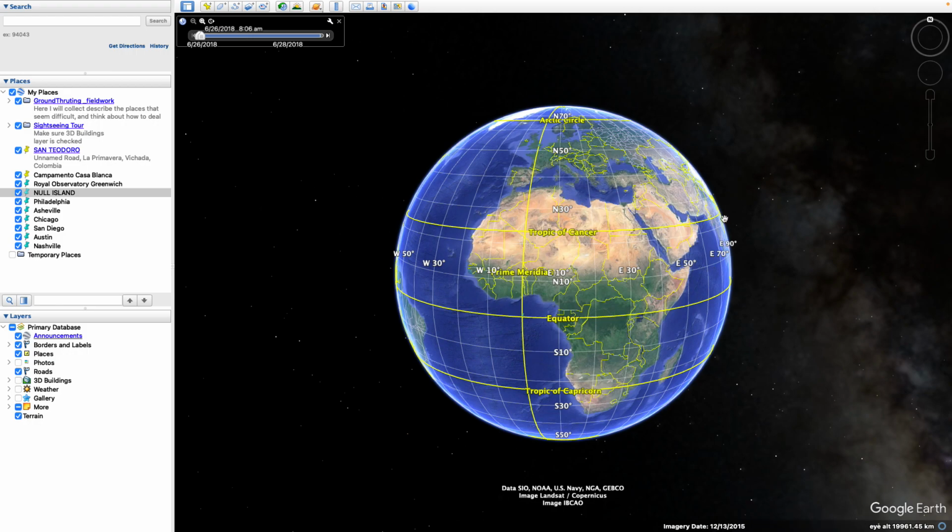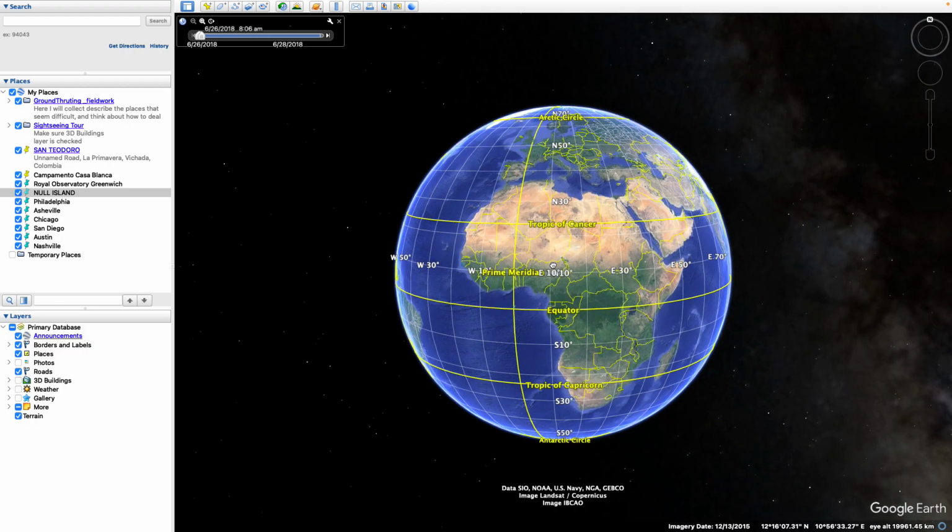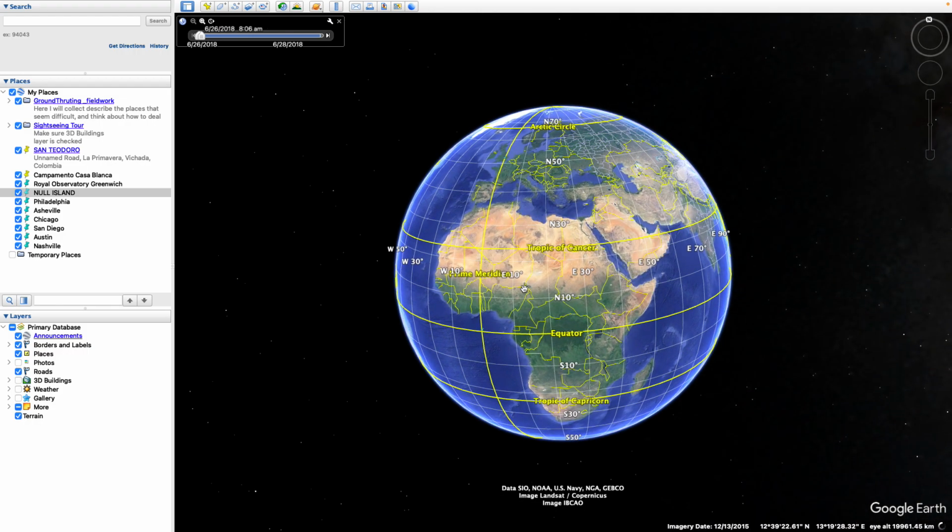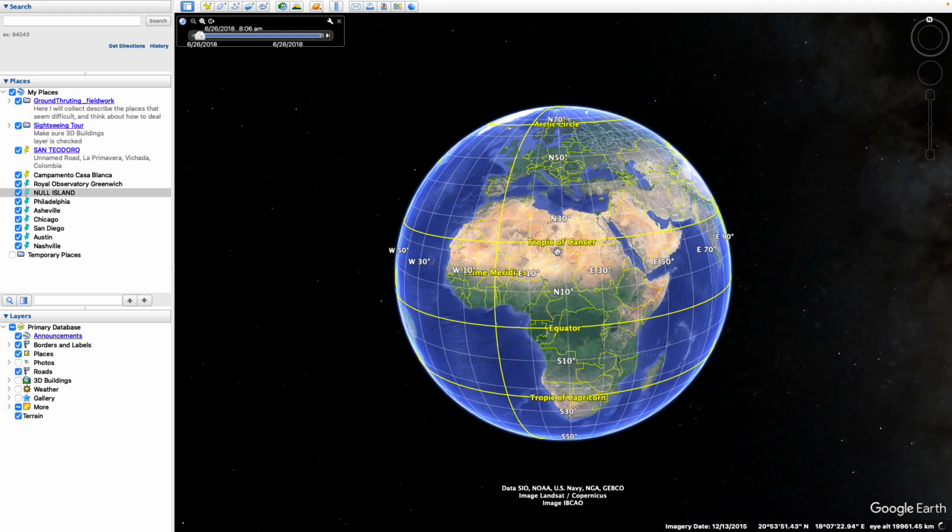So not only is the size different, but we are not working on a plane like a city, which is relatively flat, but we are on a sphere. And instead of x and y axes, we talk about latitude and longitude.